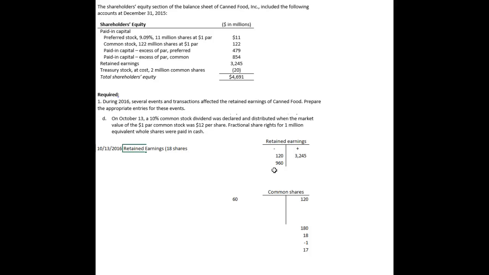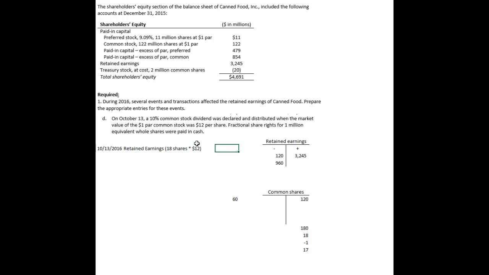times, and then what value do we take at the point in which the shares are going to be issued is another question we have to answer, and it's not the par value, it's actually the market value on the date of declaration of the stock dividend. So we take that times the $12, and I know you're probably freaking out that I took 18 million and not 17 million. You'll see why in just a second.